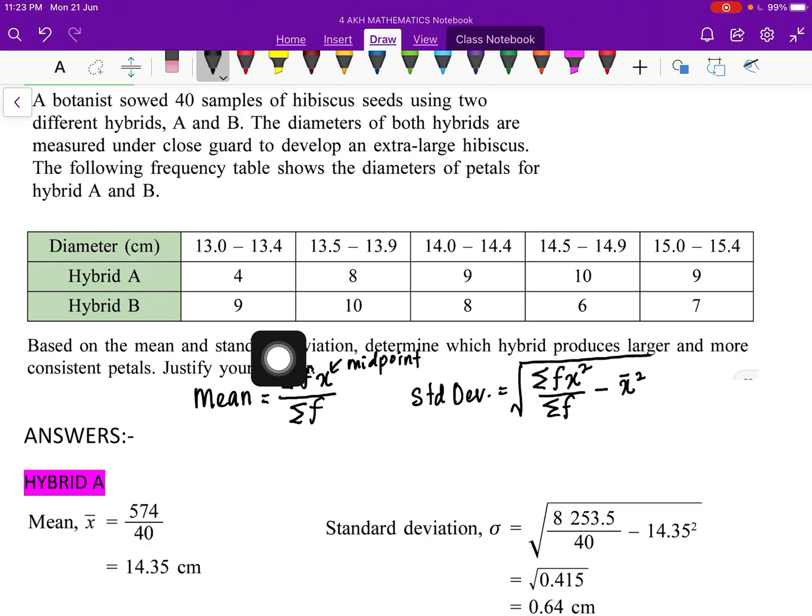Okay, bila dia cakap pasal consistency, and thus this refers to standard deviation. Why? We have learned this in Form 4. Standard deviation will give us the consistency.